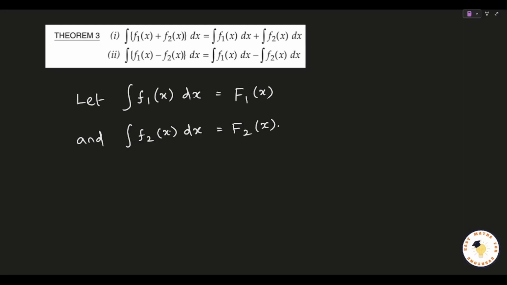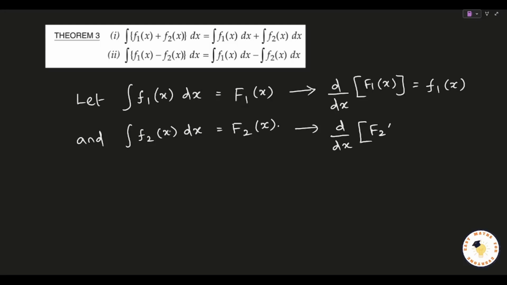Then by the definition of integrals, we can say that when we differentiate this capital F1 of x, we will get small f1 of x. Similarly, when we differentiate this capital F2 of x, we will get small f2 of x.